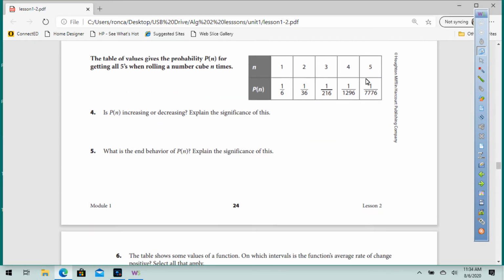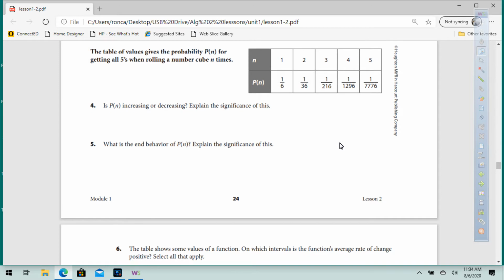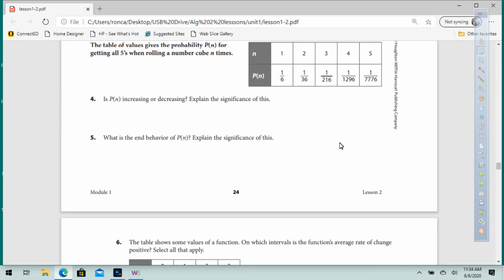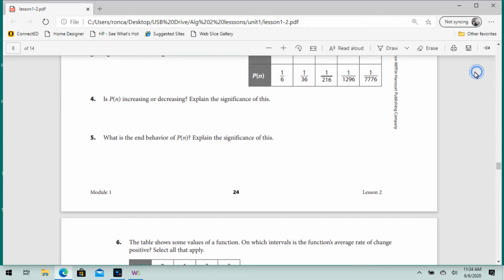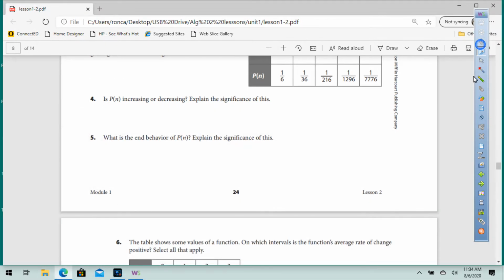Okay. Number 4, well, let's see here. The table of values gives a probability P of n for getting all fives when rolling a number cube n times.